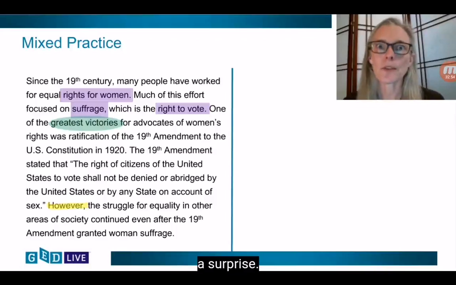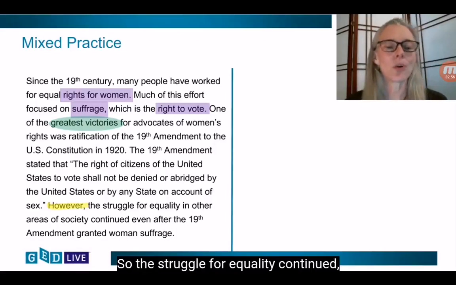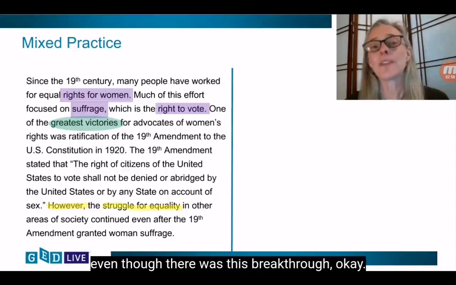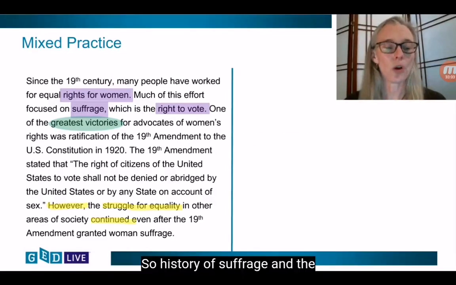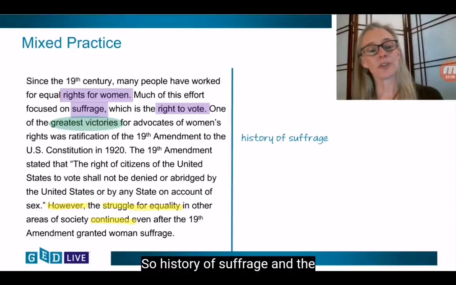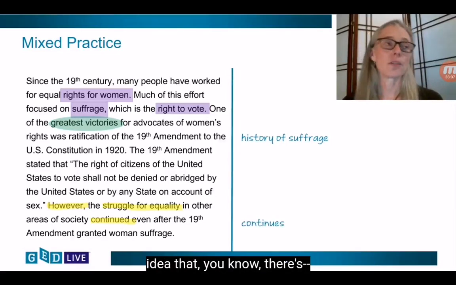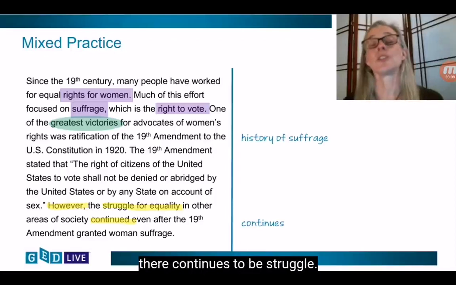What a surprise. So the struggle for equality continued, even though there was this breakthrough. Okay. So, history of suffrage and the idea that there continues to be struggle.